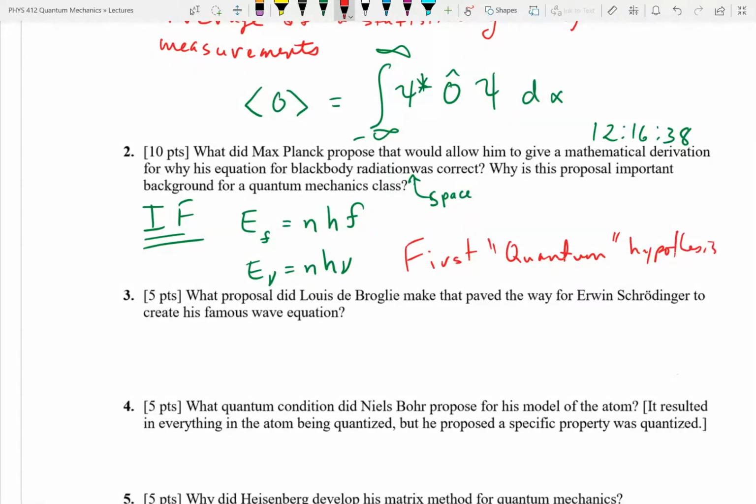Now, I say it's the first quantum hypothesis. We should go back. I mean, Newton said that light was a particle, but he didn't say that the particle had to have only specific energies. So this saying that it had only specific energies made it a first quantum hypothesis.